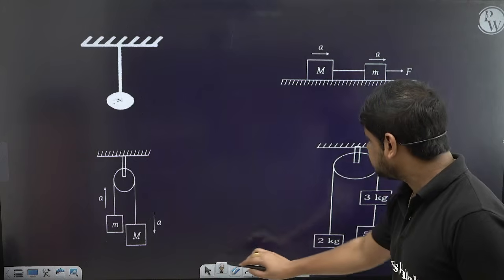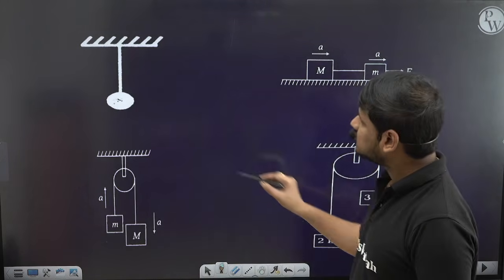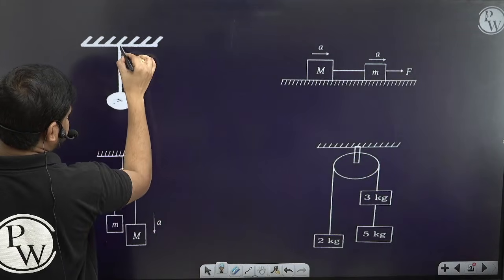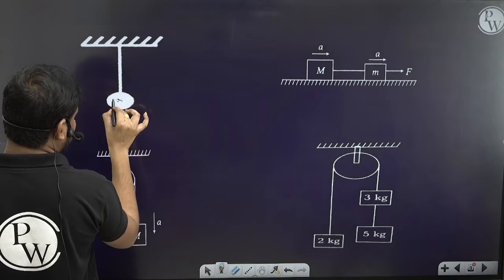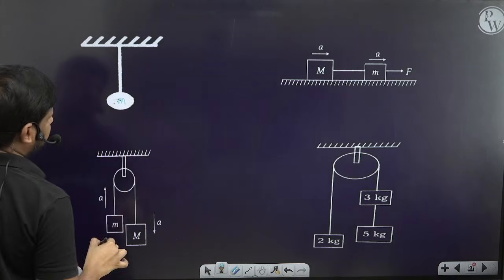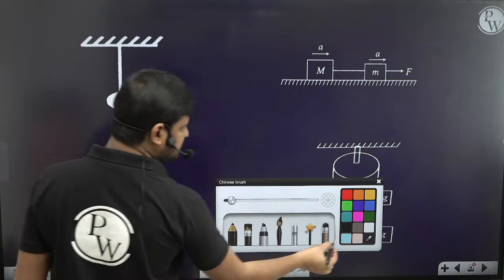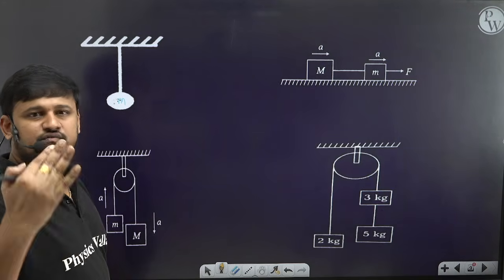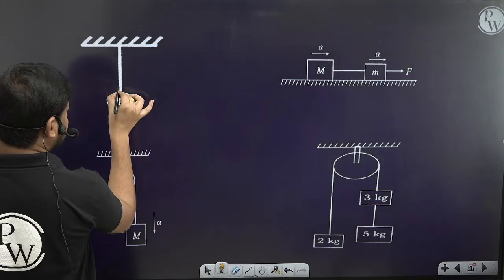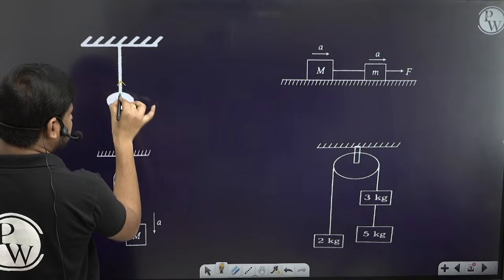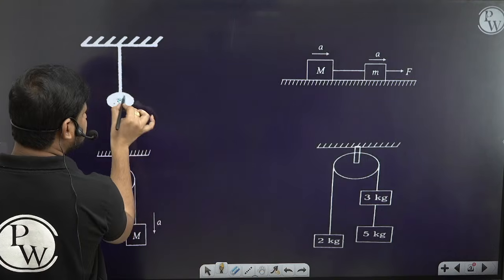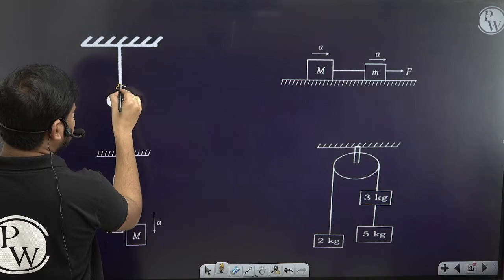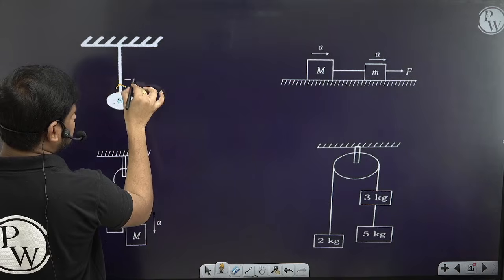See, first, a body is hanged through a string with the support of a fixed support. This is the string of length L and here is the body of mass M. As we discussed earlier, the tension force always acts away from the point of contact. The point of contact means where the object is hanged, so on this side tension will be there.